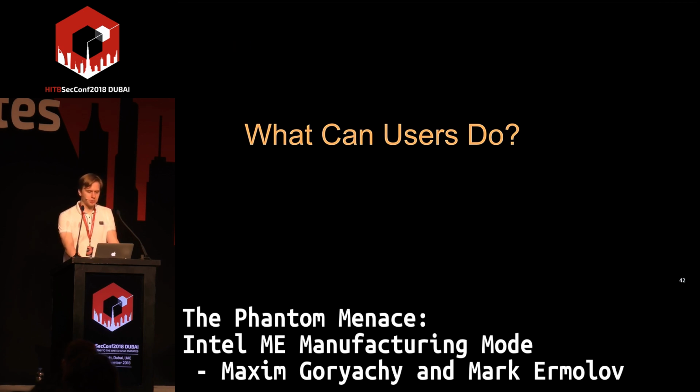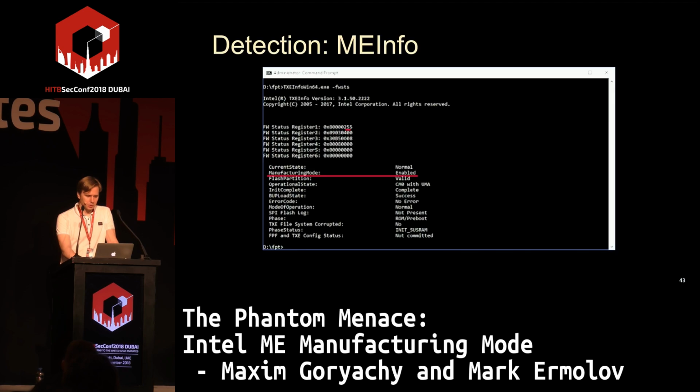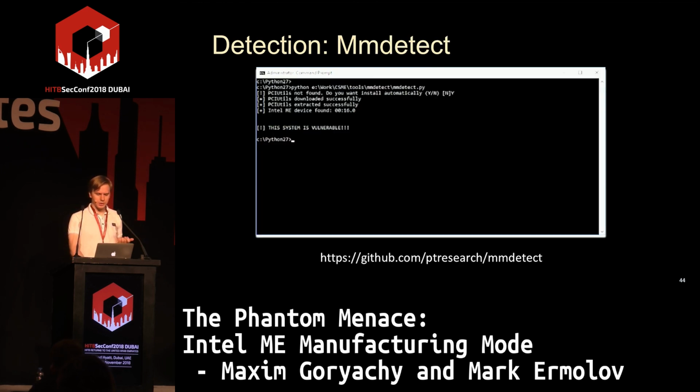So, to keep users safe, we decided to describe how to check the status of manufacturing mode and how to disable it. The first is Intel's utility MEinfo, which we already saw. Actually, users don't have access to this utility. It's only for manufacturers. But we also created a simple Python script for checking the status of manufacturing mode.